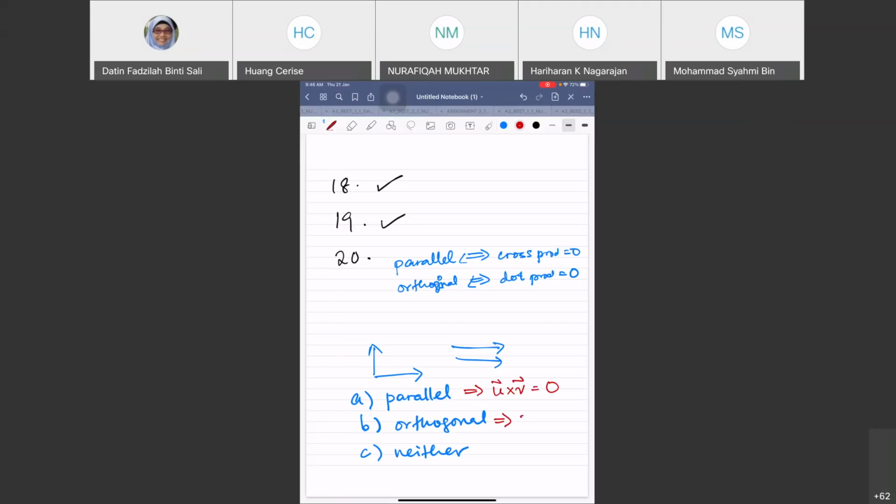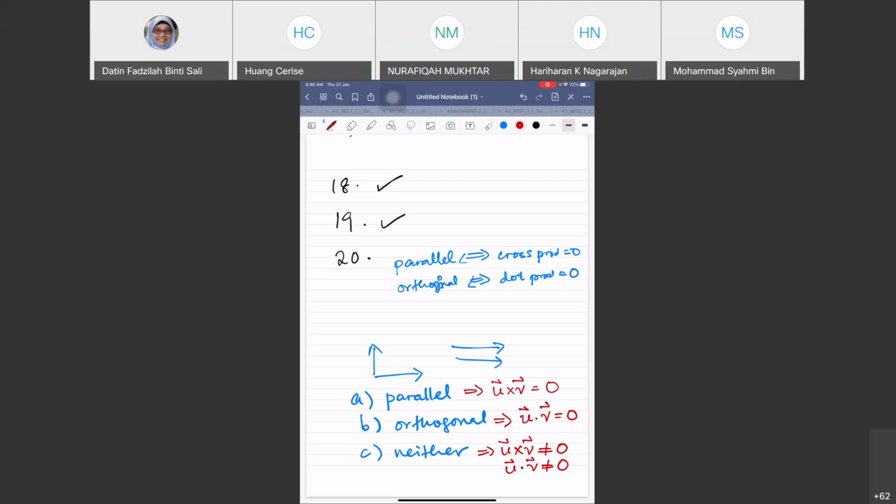Second, you will see that u dot v equals 0. For C, whether you do the cross or you do the dot, both are not equal to 0. This is what it means. So you can try that.